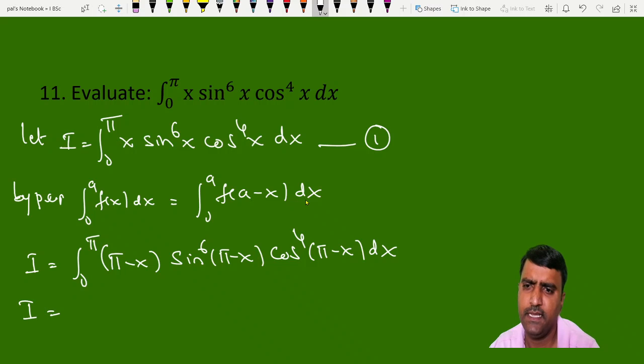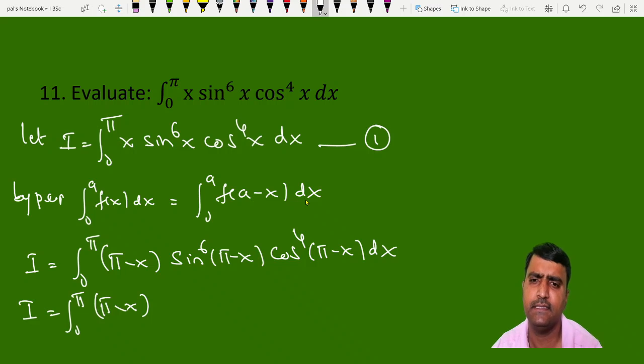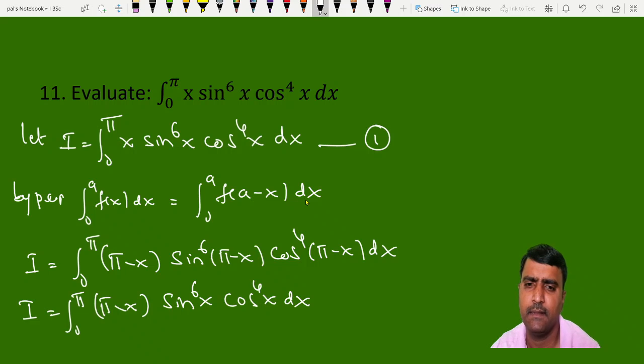Now this can be written as I is equal to integration from 0 to pi of (pi minus x) into sine of 180 minus theta. Sine of 180 minus theta is sine theta, so you can write it as sine to the power 6x. Cos of 180 minus theta is minus cos theta, but it has the power 4. Four times minus multiplied again gives a positive value like the previous example. So it is cos to the power 4x into dx.